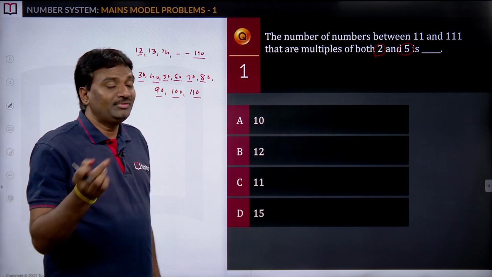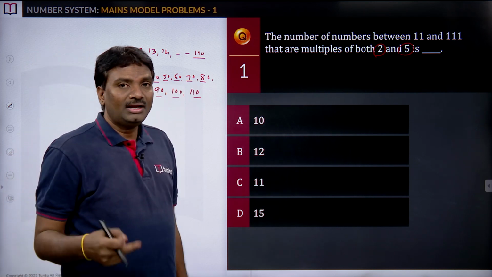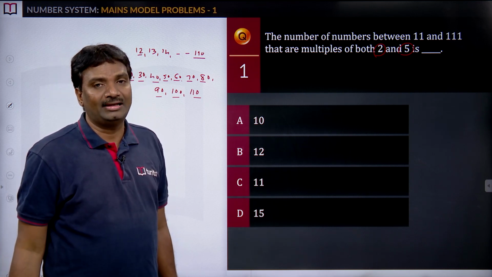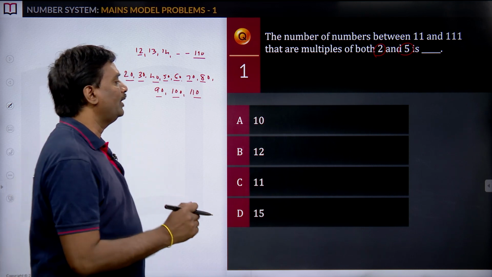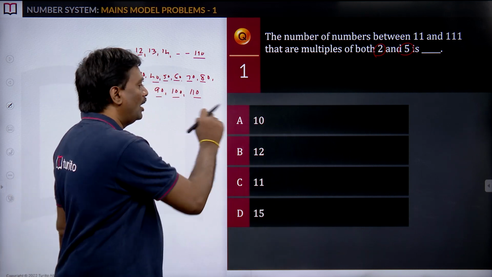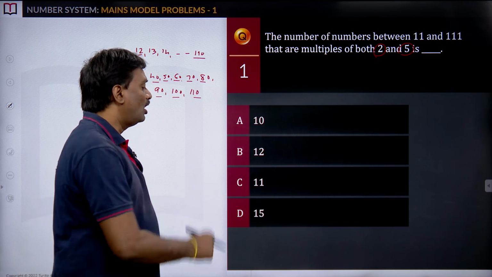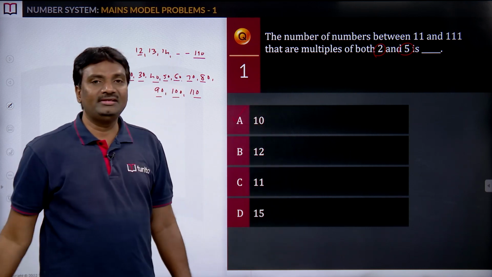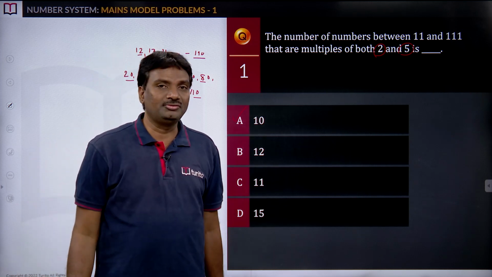That is why we can say there are 10 numbers between 11 and 111 which are divisible by 10, means which are divisible by 2 and 5. According to the options, we have option A 10, option B 12, option C 11, option D 15. So, option A is the correct option. Hope you understood this one.